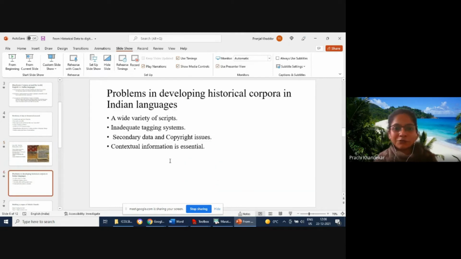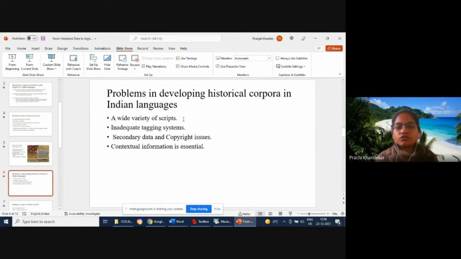But the problems don't end here, and collecting the appropriate data is not all that is there, because there are problems involved also with developing the historical corpora in Indian languages, as also mentioned by the previous presenter, that there is a wide variety of scripts already.